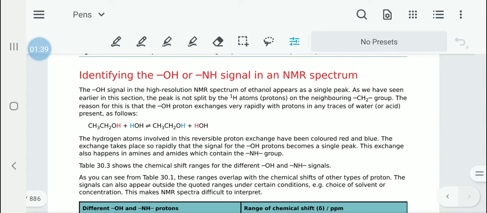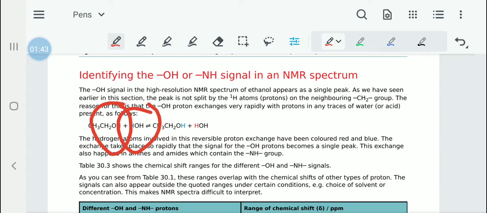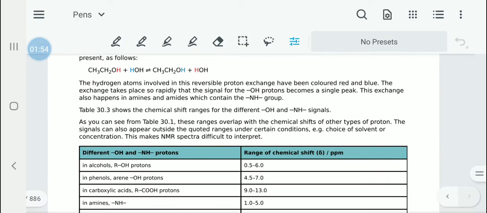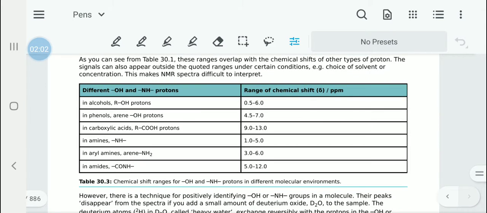It has been given in red and blue. The red one will be replaced by the blue one of water, and they will be exchanged. That reversible reaction takes place, and as a result there is one peak.